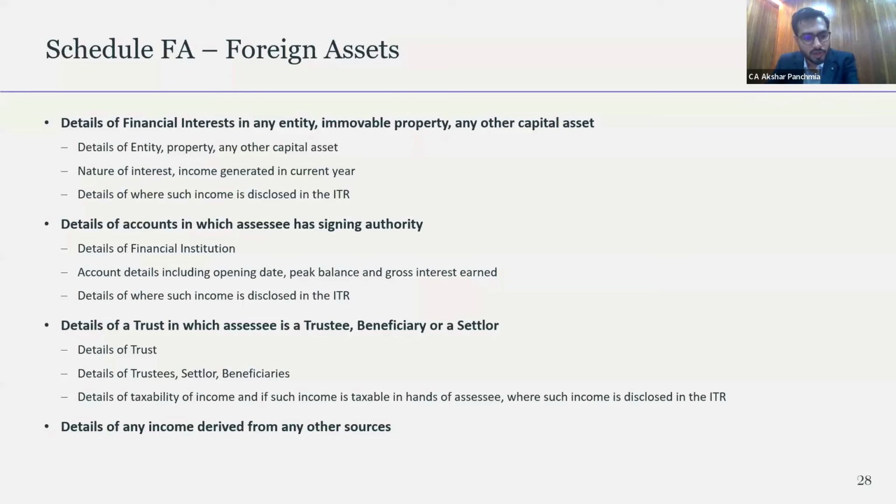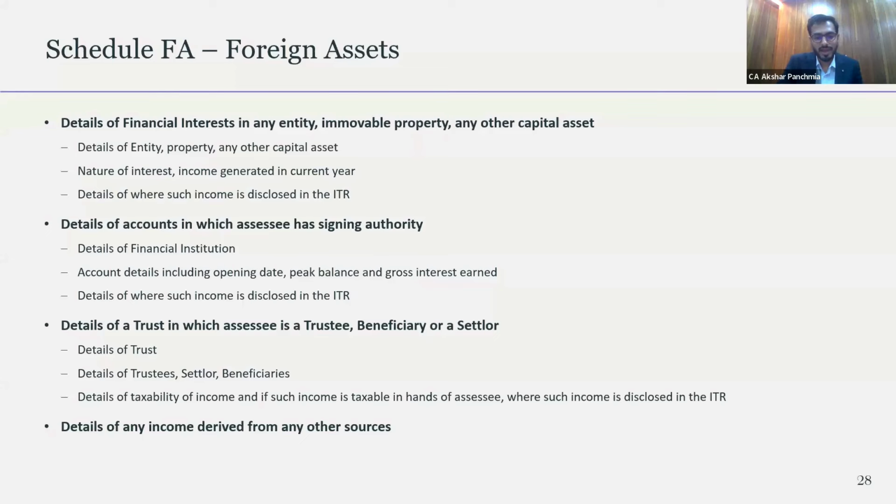Now, one particular thing also is asked, whether any income is derived from any other sources which are not covered above. The points which we just saw about Schedule FA, if there is no income falling under that, but it is falling somewhere else, then you have to specifically mention it over here.